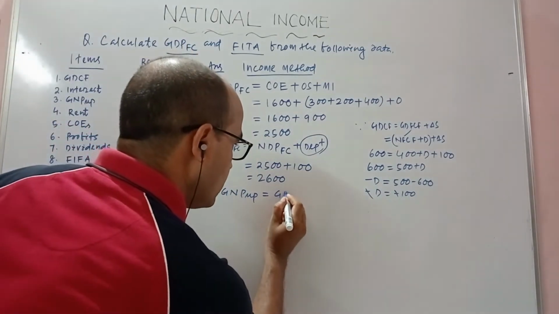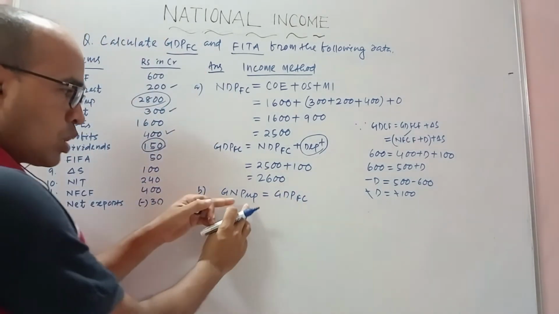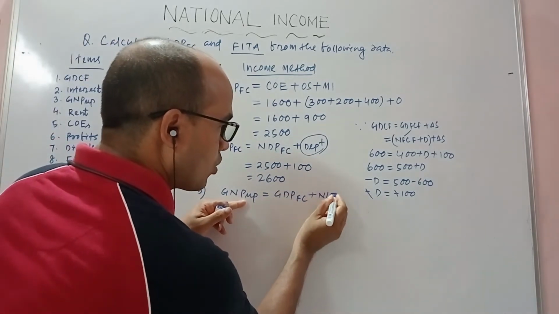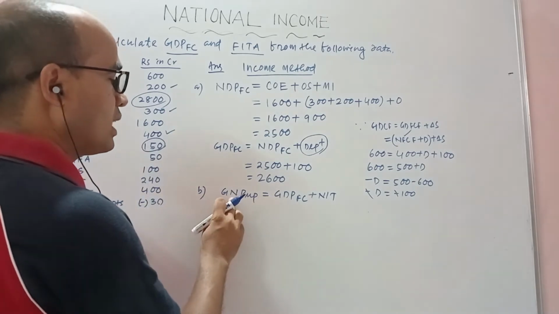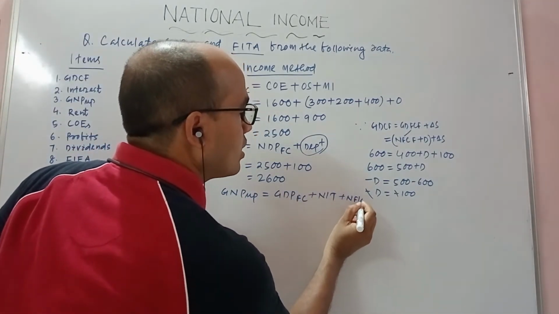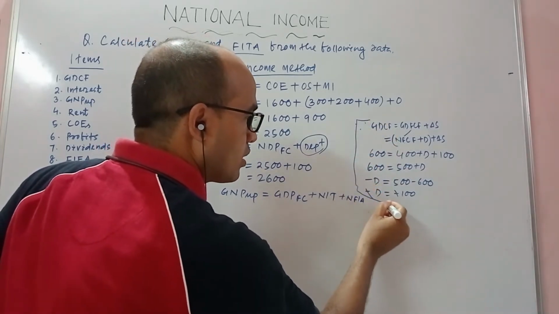So you write it GDPFC. Okay. So MP is equal to FC plus NIT, because in the first class I taught this one to you. Then after that we want a national domestic is there plus NFI. These terms are different. Okay.